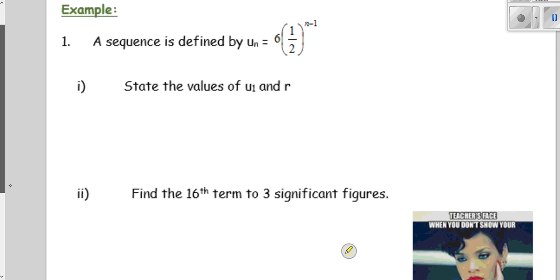Okay, example. A sequence is defined by 6 multiplied by a half to the power of n minus 1. State the values of u of 1 and r. So looking back on your formula booklet, there is a formula for the u of n. Do you remember what it is?